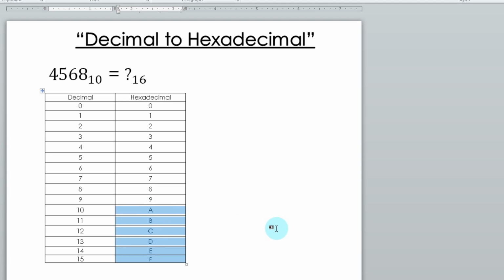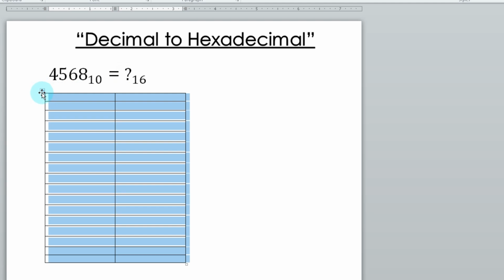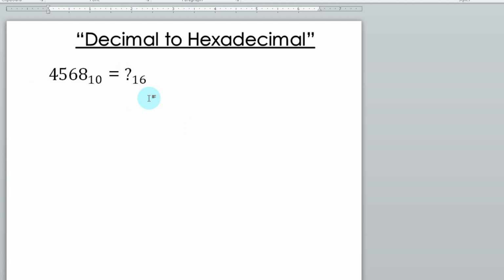So without further ado, let's go on to the converting. The first step in converting decimal to hexadecimal is to divide the number that you want to convert by 16.